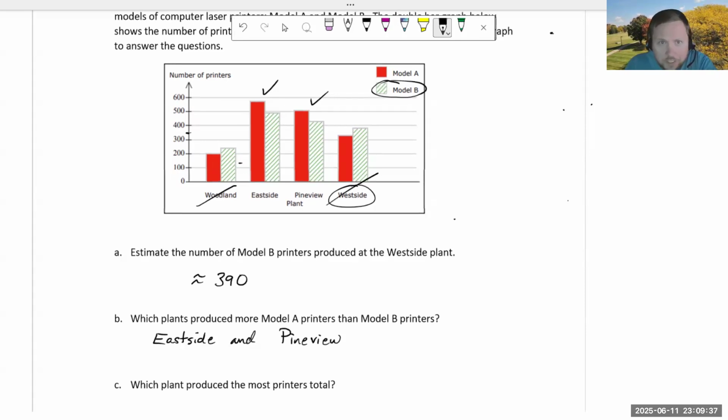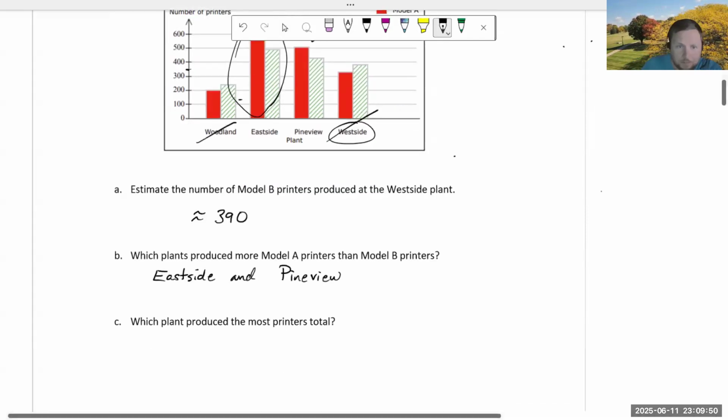If I look at East Side and Pineview, East Side's red bar is bigger than Pineview's red bar. East Side's Model B bar is bigger than Pineview's, so it's got to be this one. So East Side.